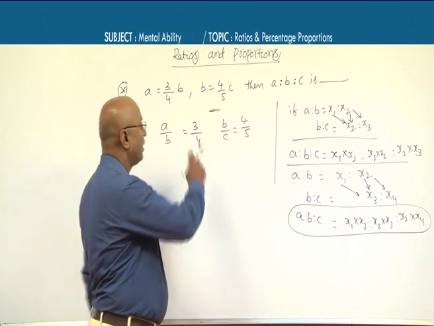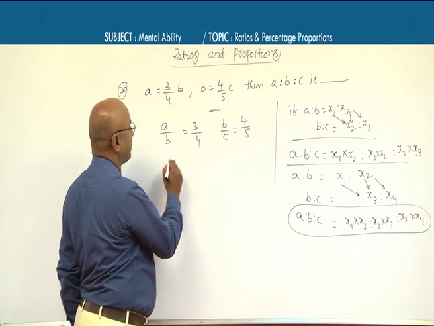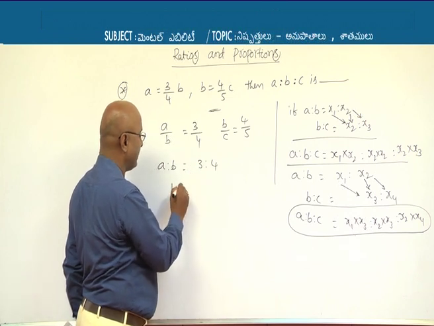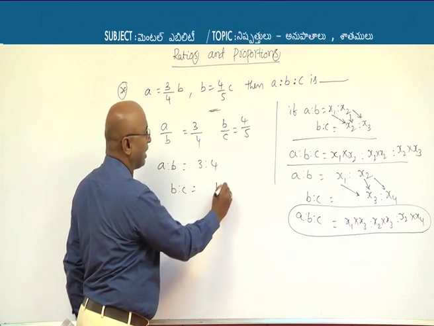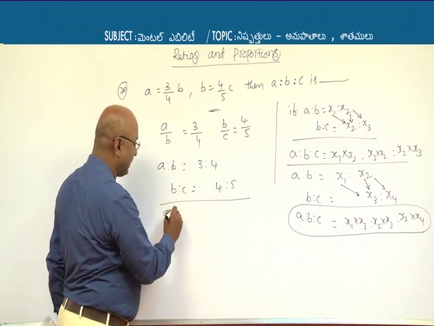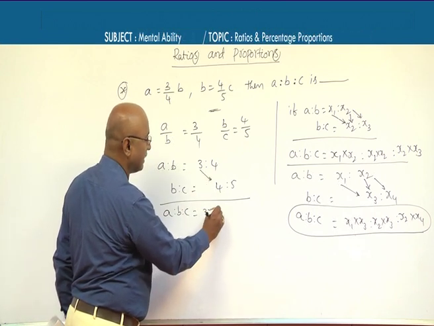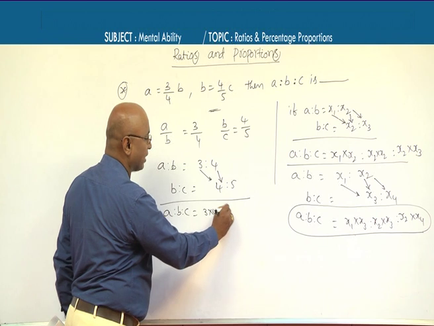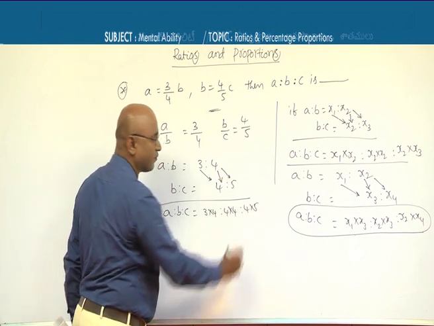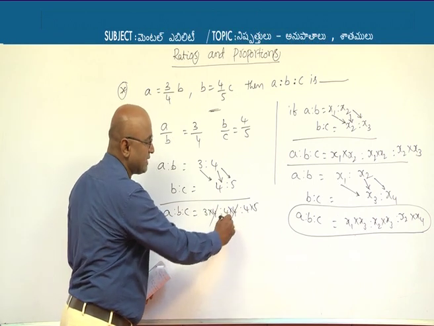When given like this, to find the value of A is to B is to C, we have to follow this method. Look here, A is to B is equal to 3 is to 4, B is to C is equal to 4 is to 5. Now A is to B is to C is equal to 3 into 4 is to 4 into 4 is to 4 into 5. Here the common number is 4, that's why we can cancel this 4.